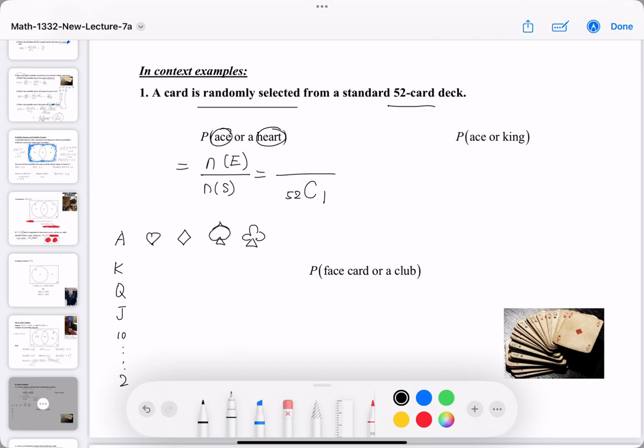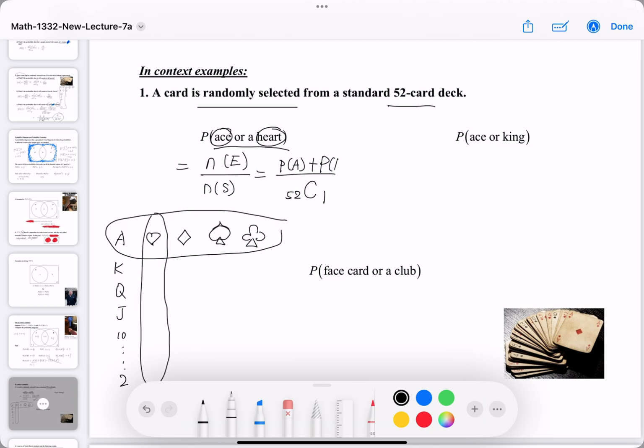We have 2. Okay, so the event is the card is an ace or is a heart. So we are having an or event. That means we're going to have P of ace plus P of heart, and then minus P of ace and heart. Ace or heart.